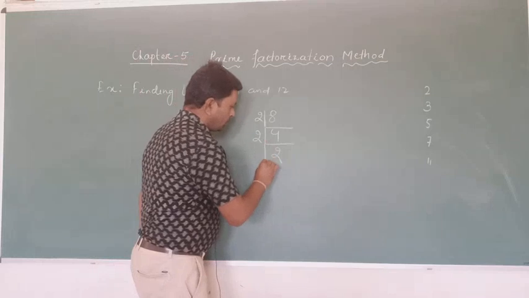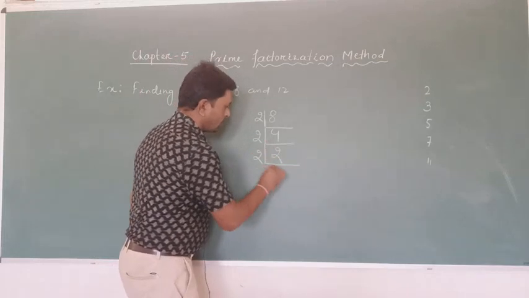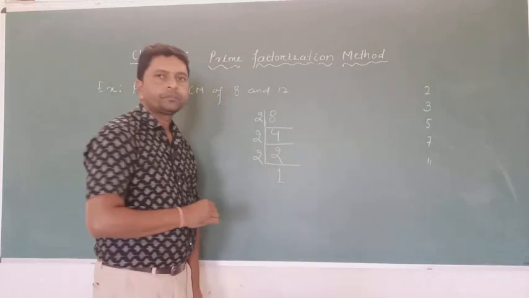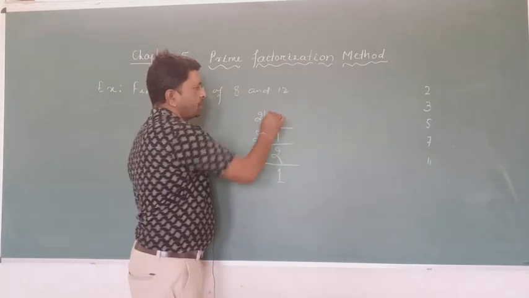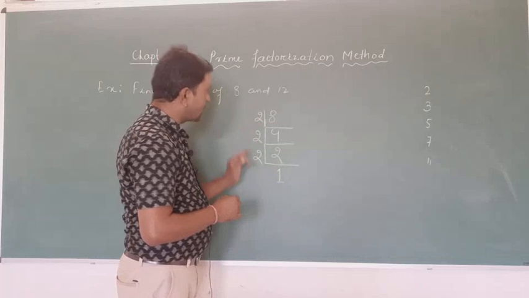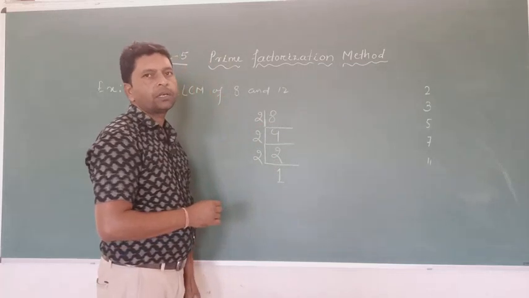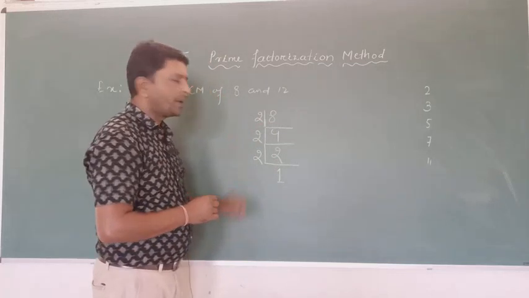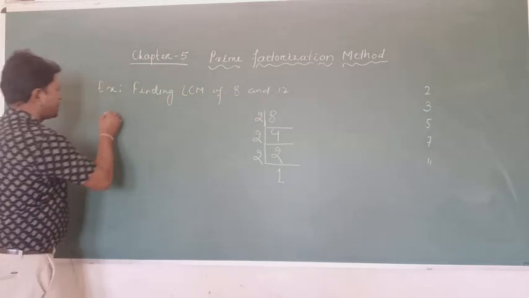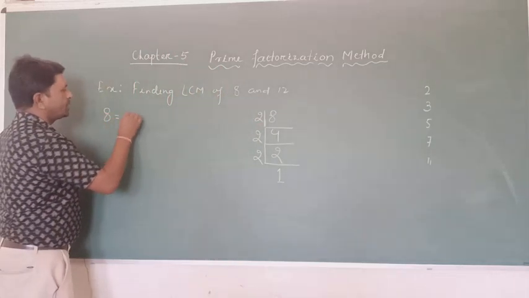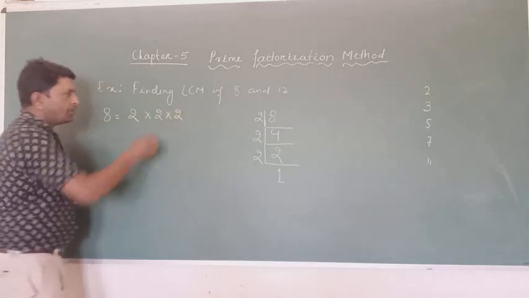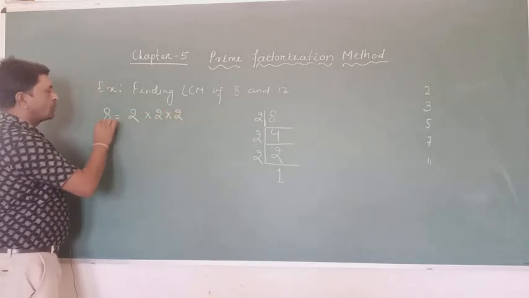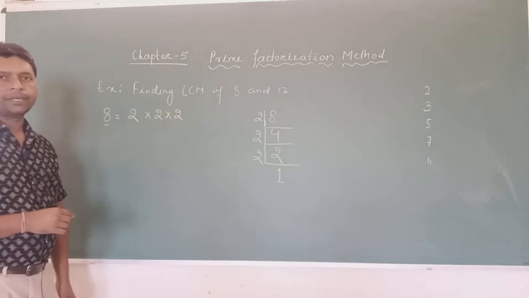Again 2 ones are 2. So these are the factors of 8, and these are the prime factors of 8. So now let's write 8 is equal to 2 cross 2 cross 2. If you multiply the factors, you find the value 8.